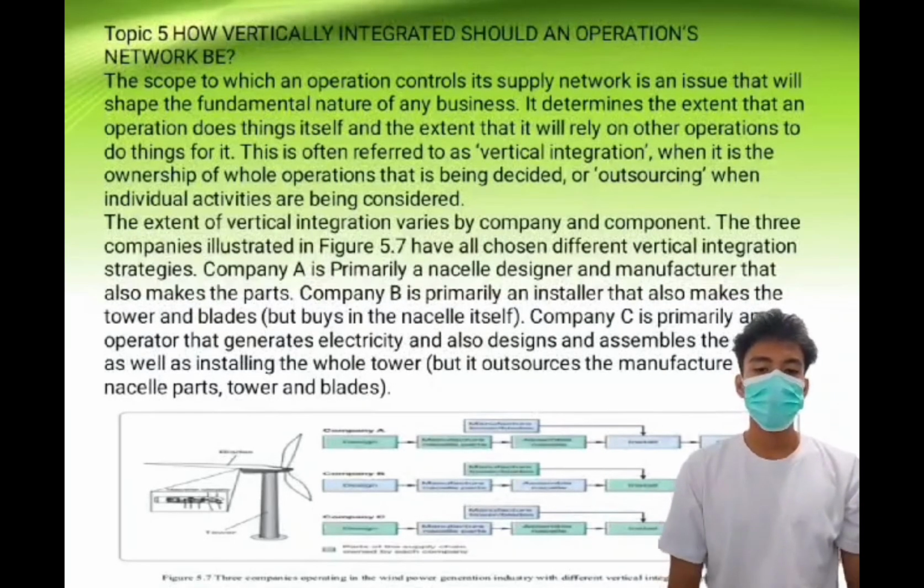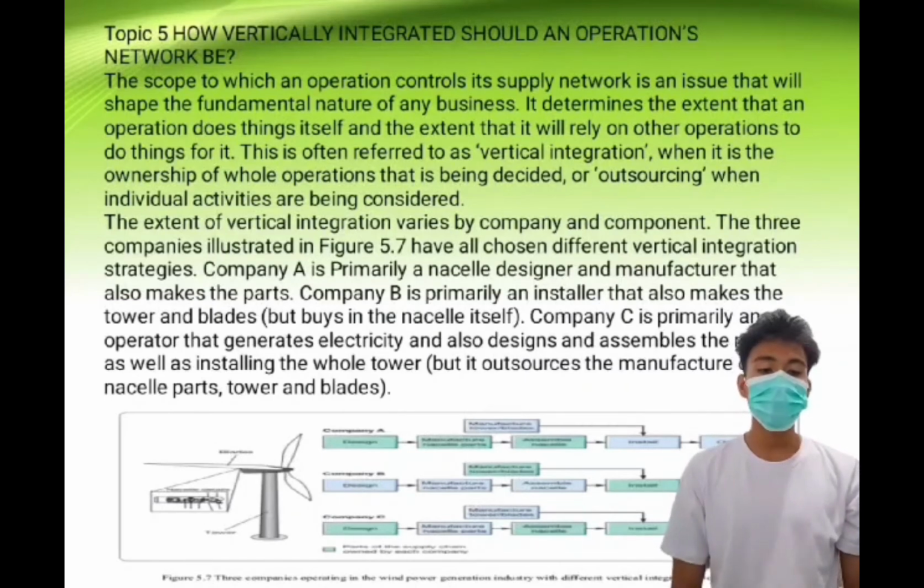Topic 5. How vertically integrated should an operations network be? The scope to which an operation controls its supply network is an issue that will shape the fundamental nature of any business.